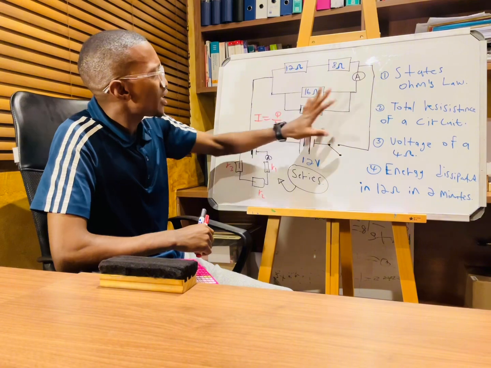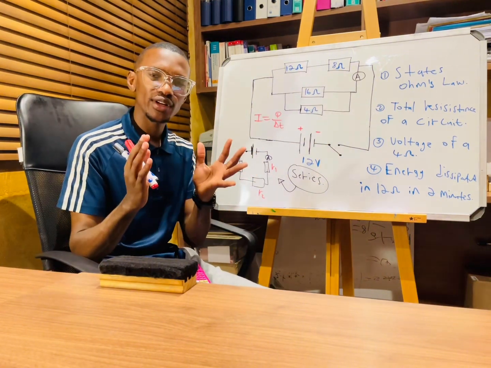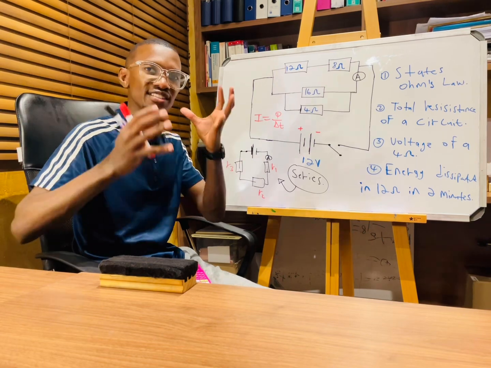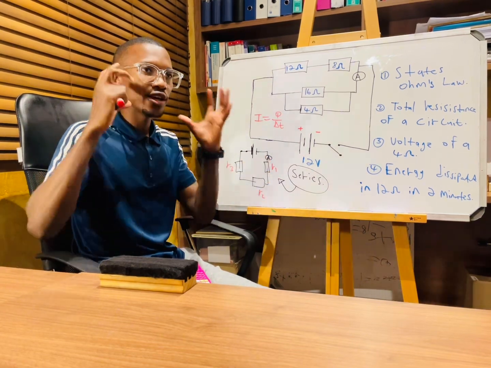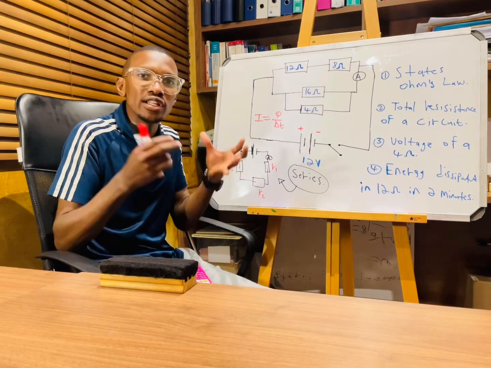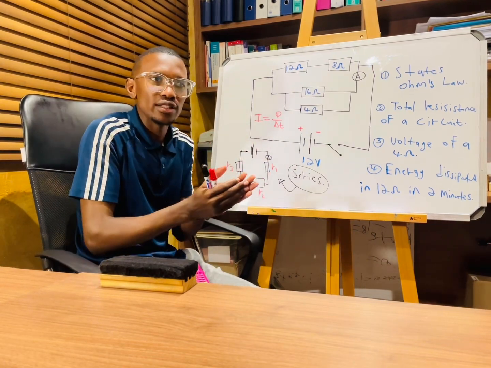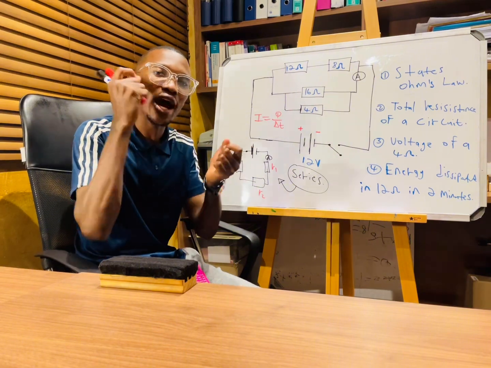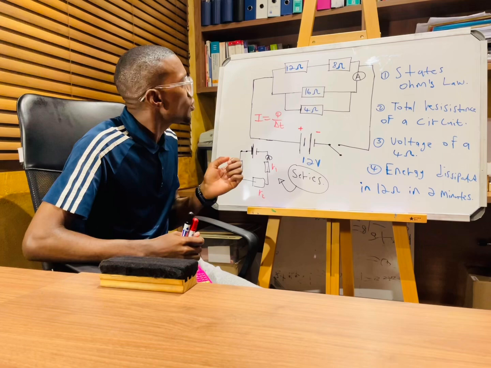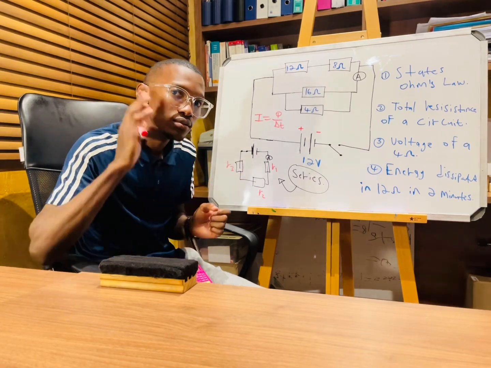When you are looking at this type of diagram, it's a bit complicated, right? When you have a combination of resistors in a circuit, and you end up confused and leave a lot of marks there, let me teach you something. What you need to do is identify the connection. One, do you see a series connection?